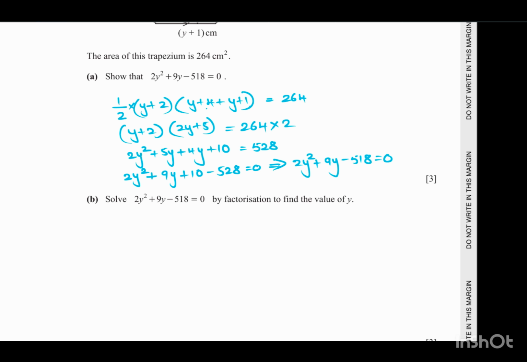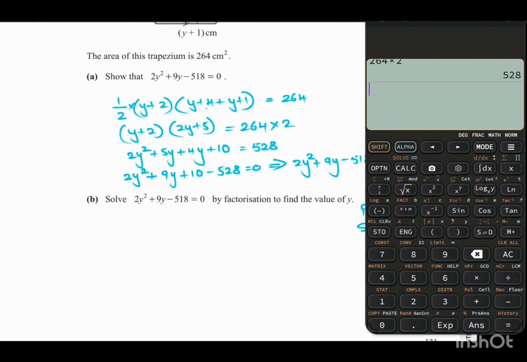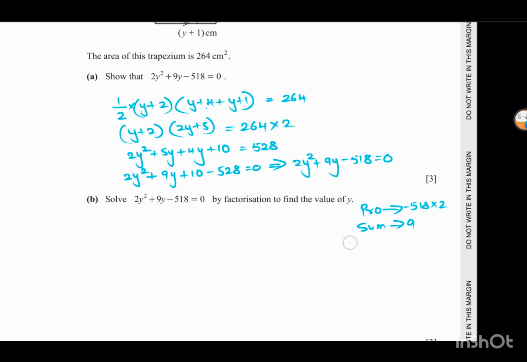So let me write here, product must be minus 518 into 2 and sum must be 9. So minus 518 into 2 is minus 1036. So this should be the product.